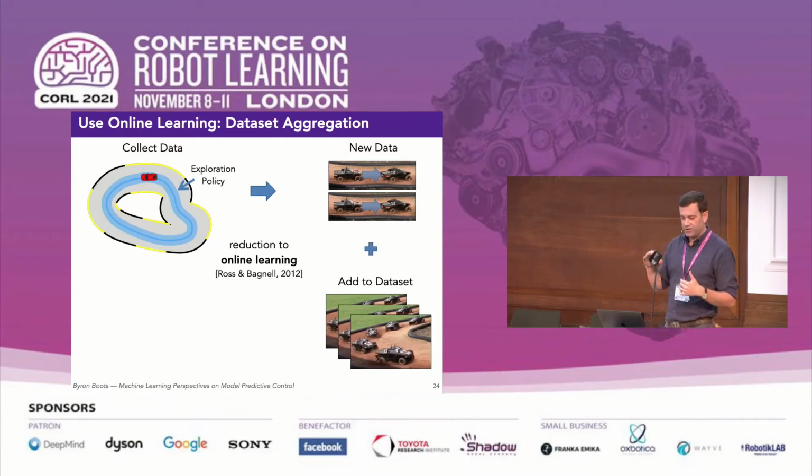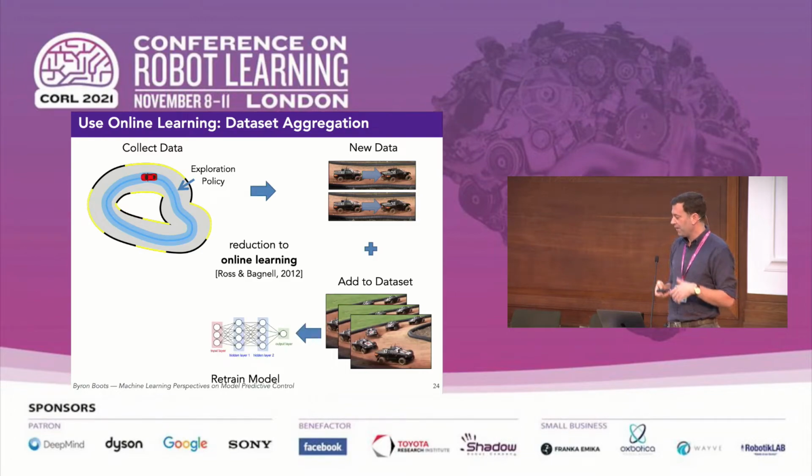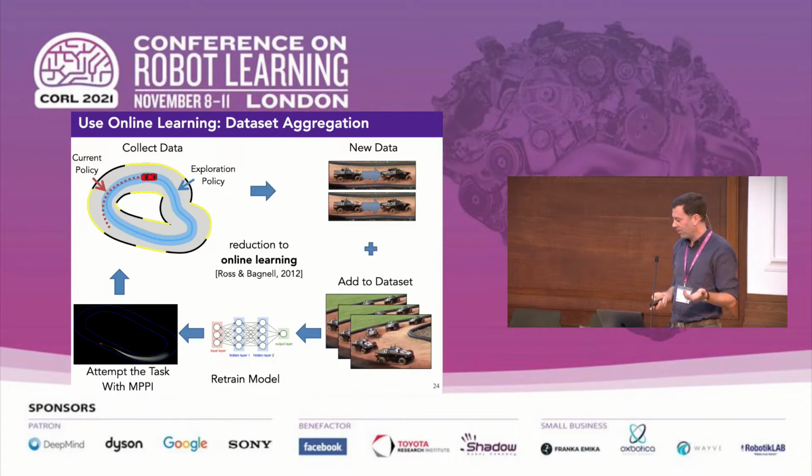These are then added to an existing data set. At the first step, this existing data set is empty. It's just the first input-output pairs we get from our exploration. We then fit a model to this data and hand that model over to our controller. We attempt the task with this model, and this in turn generates new data.